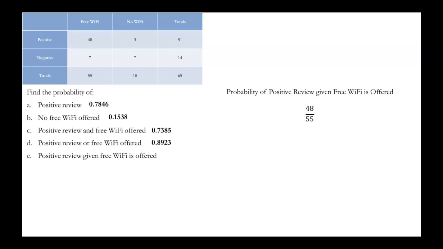Your numerator is the probability of a positive review, just taking a look at that free Wi-Fi population, right? We're only looking at that free Wi-Fi column. We forget about all the other numbers. So we go 48 divided by 55, and the probability of a positive review given that free Wi-Fi is offered is 0.8727.